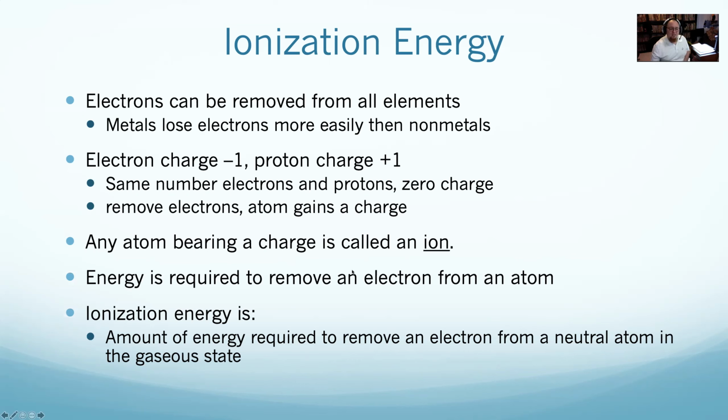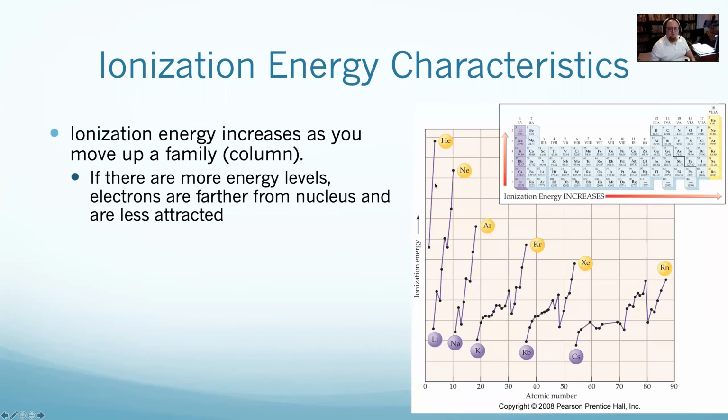Well, the ionization energy also follows trends. So we talked about metallic character. We said metallic character was how readily something gave up electrons. And ionization energy is how much energy it takes to remove an electron. So the more non-metallic something is, the less likely it is to give up an electron.